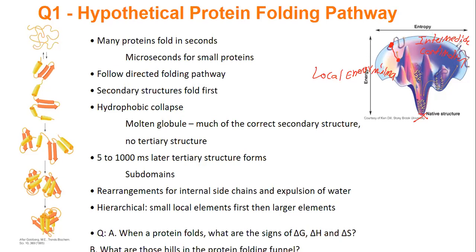So basically, no matter what path you go to get out of this local energy minimum, you have to spend energy to get out of it. That's what that hill's saying. It's saying, if I want to go to what's called the global energy minima, I have to break a bond or break multiple bonds to get over that energy and then finally be able to fold.